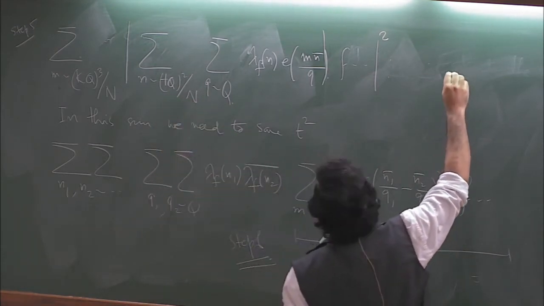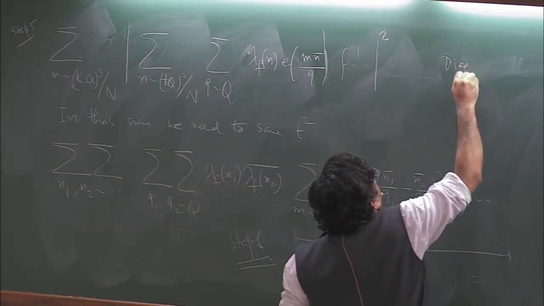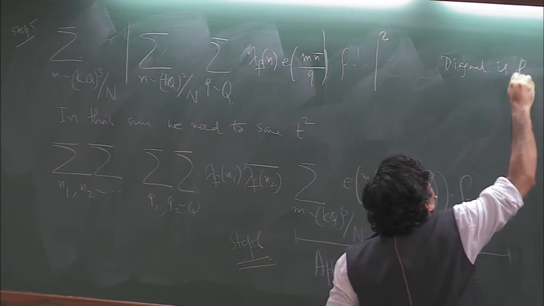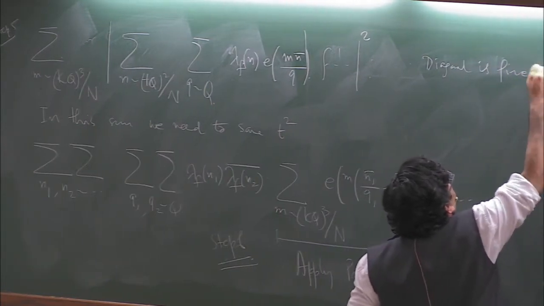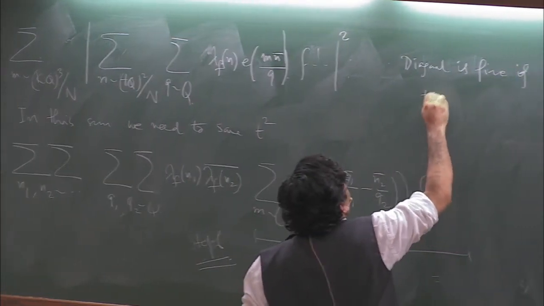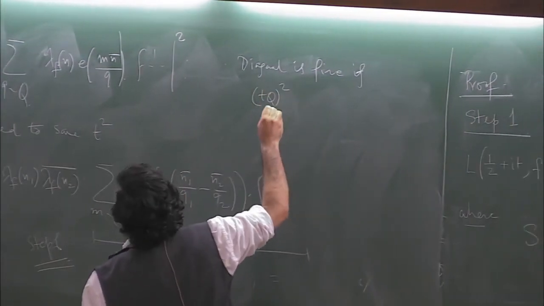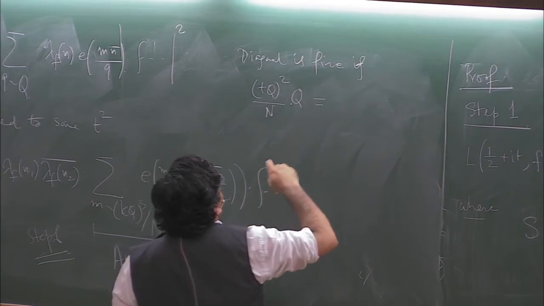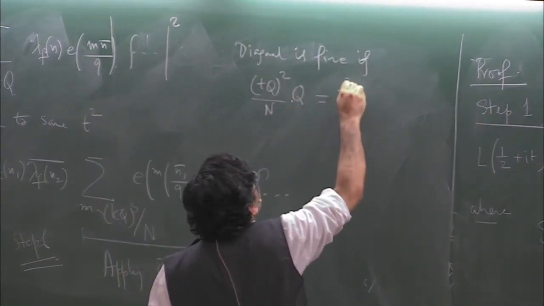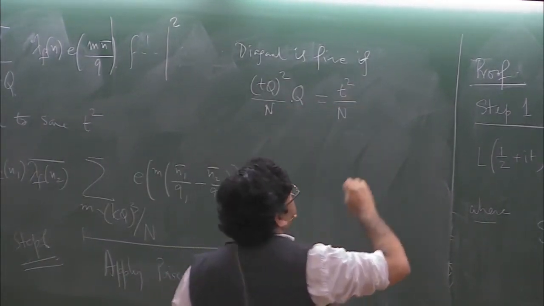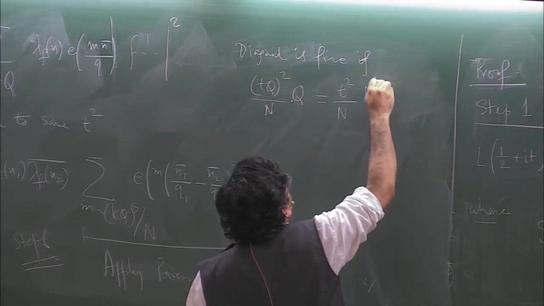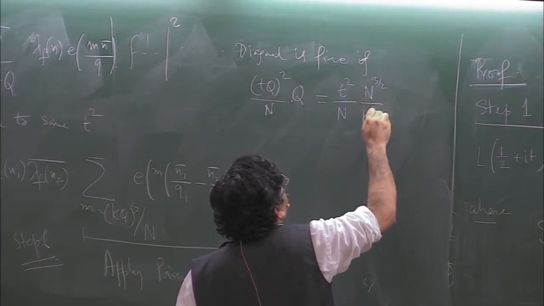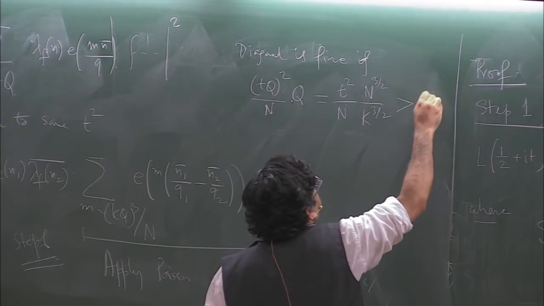So the maximum you can save, so the diagonal is fine if tq square by n times q, which is t square by n, and q cube is n to the power 3 by 2 by k to the power 3 by 2, should be larger than t square.